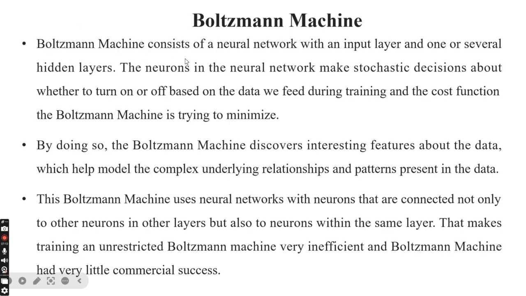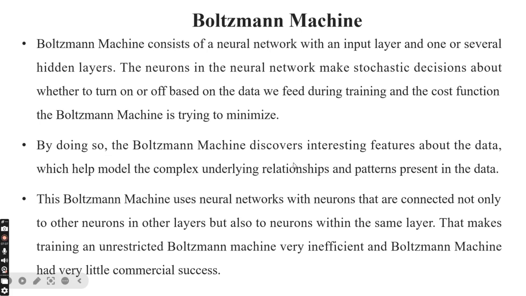So, as I said, the Boltzmann machine consists of a neural network with an input layer and one or more hidden layers. The neurons in the neural network make stochastic decisions about whether to turn on or off based on the data we feed during the training. And the cost function for the Boltzmann machine is something it is trying to minimize.